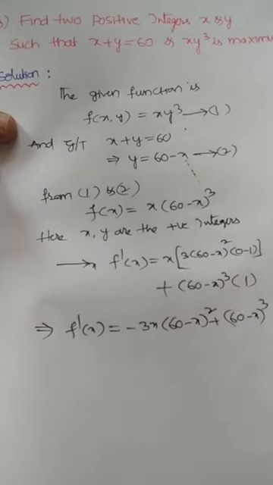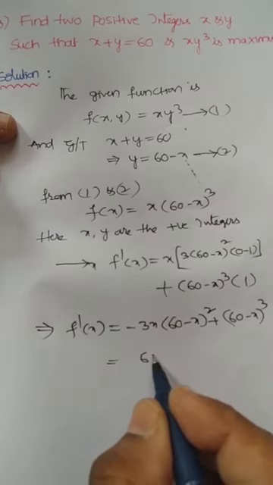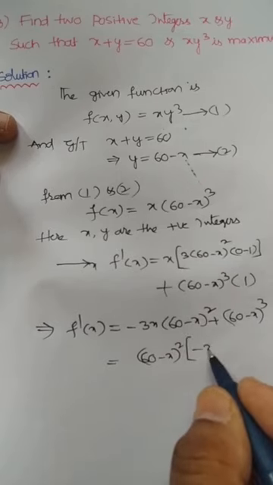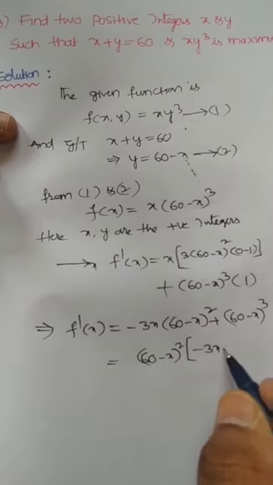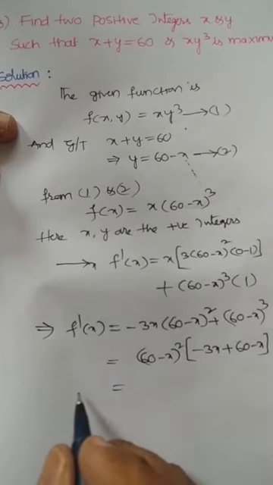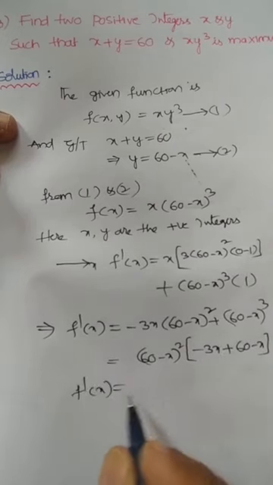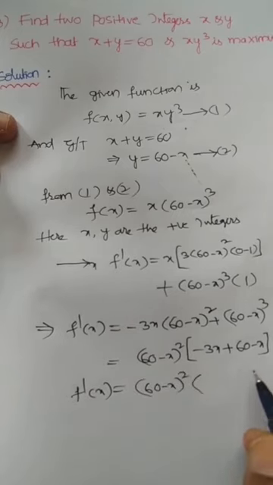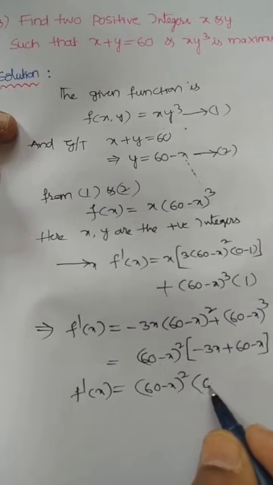From these two I can take common (60 minus x) whole square, so that I got here minus 3x plus 60 minus x. So our f dash of x is (60 minus x) whole square into (60 minus 4x).